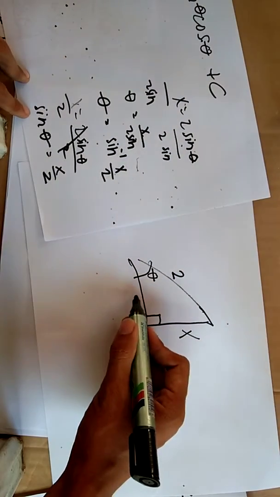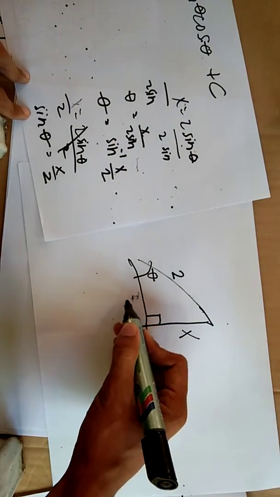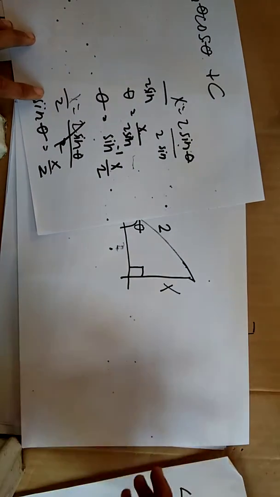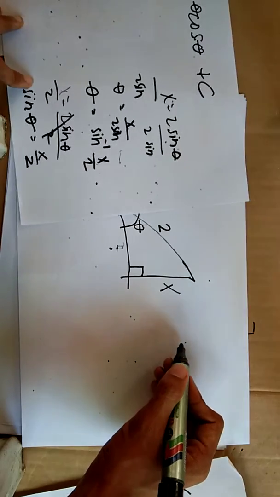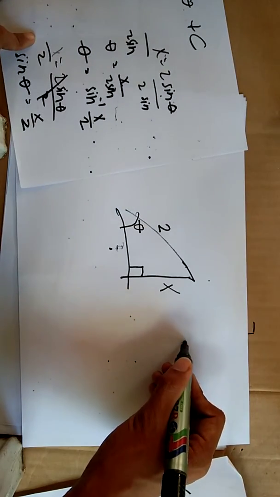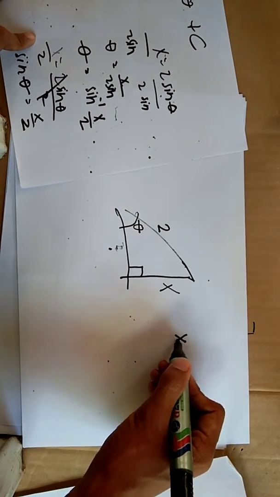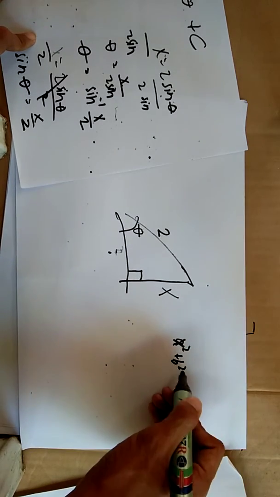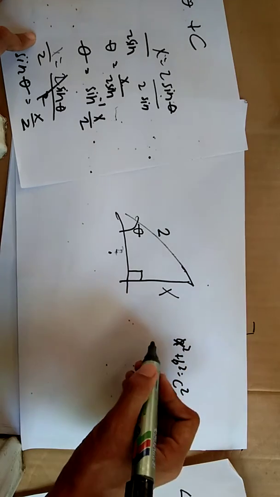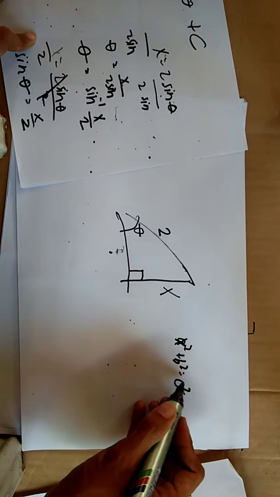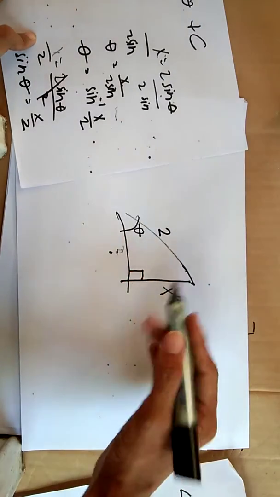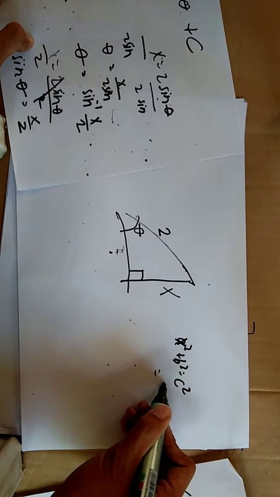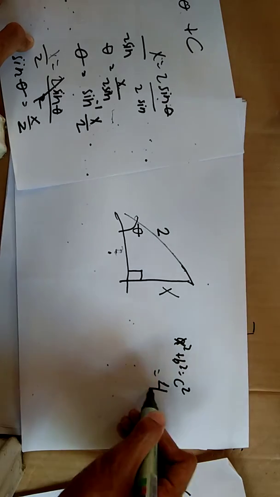So we just need to find the adjacent side of this triangle, and in finding the adjacent side, we need to use the Pythagorean theorem, which is a squared plus b squared is equal to c squared. We all know that c squared here is the hypotenuse, so we substitute 2 squared, which is equal to 4.